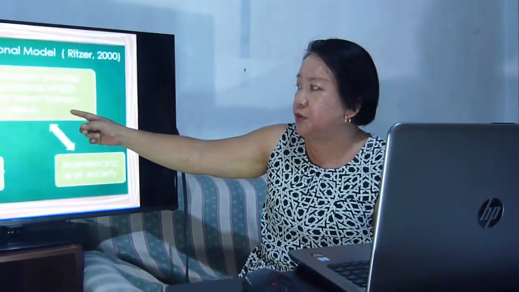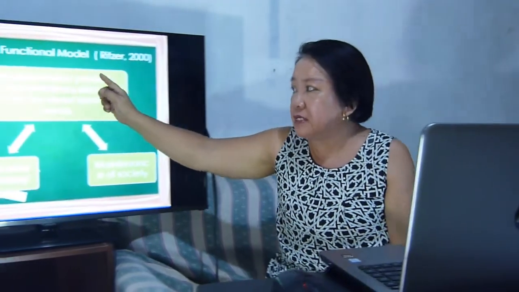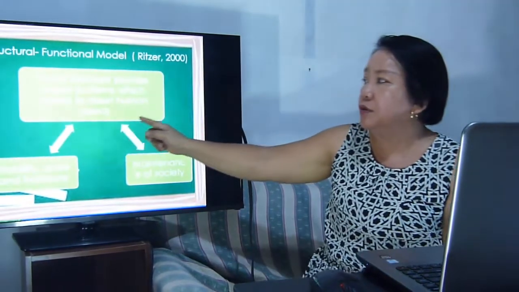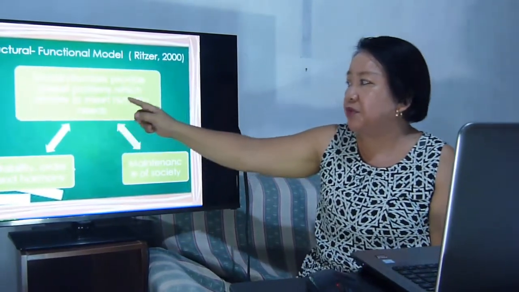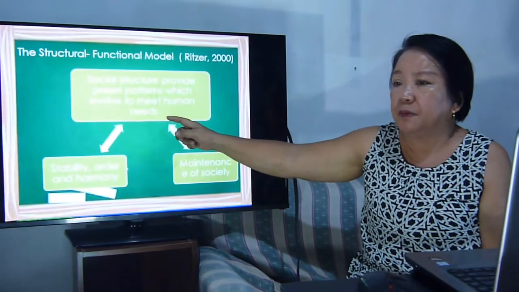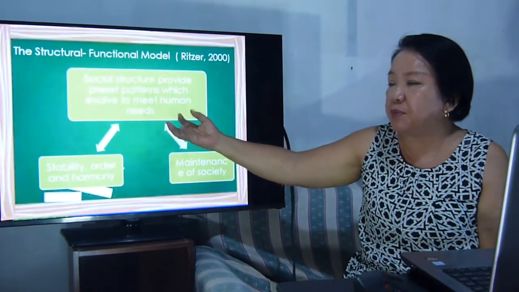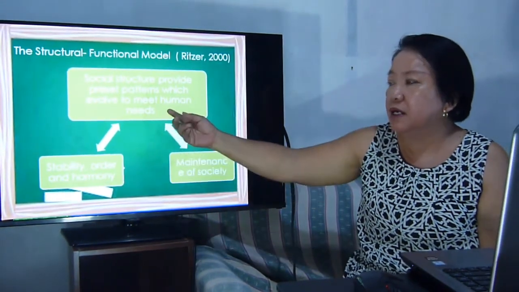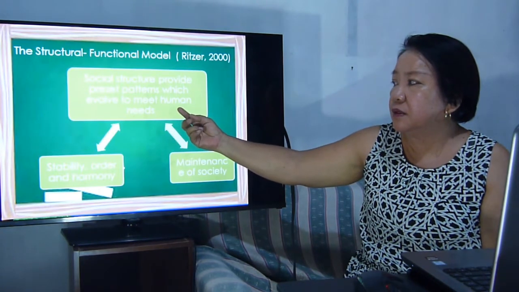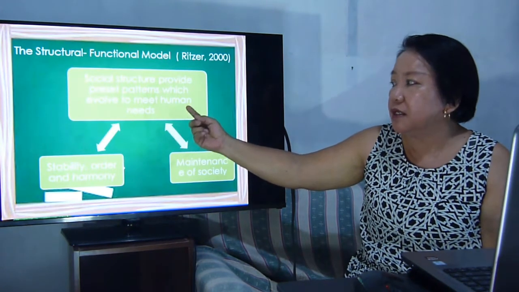Social structure provides preset patterns which evolve to meet human needs. Para sa ano, ang iyong organization dapat maka-provide sa pangangailangan, no? The organization must be able to meet the human needs.